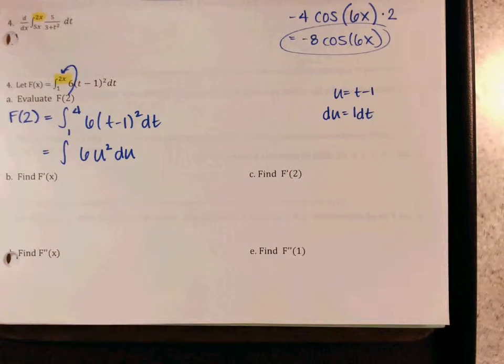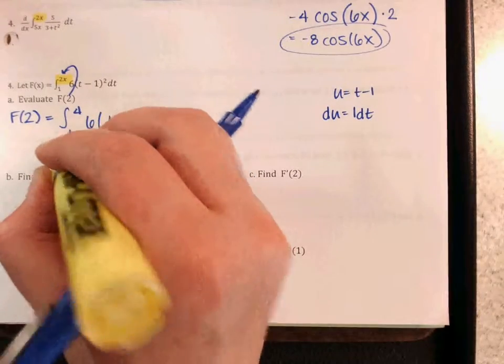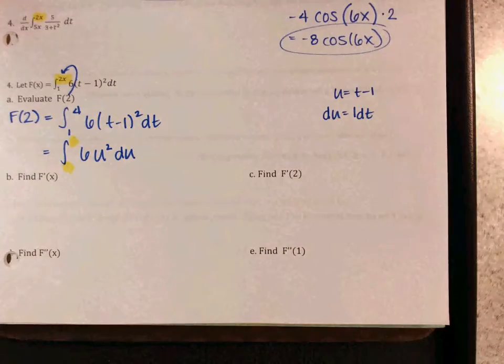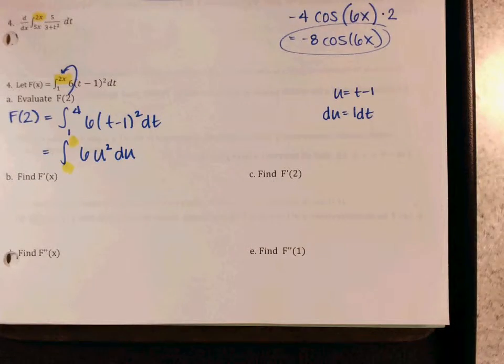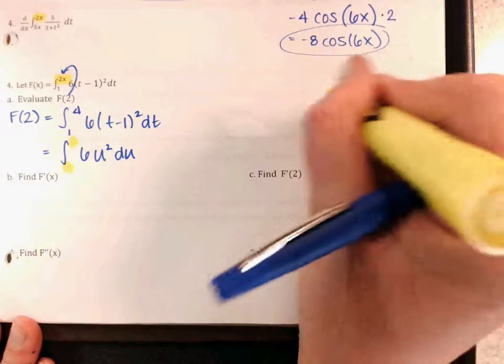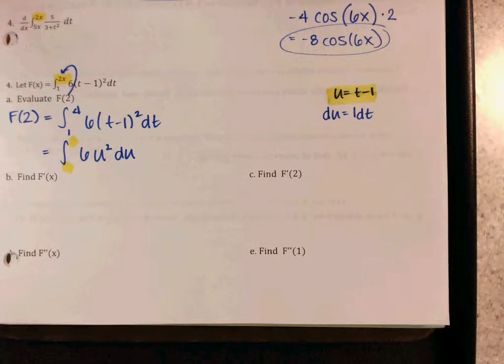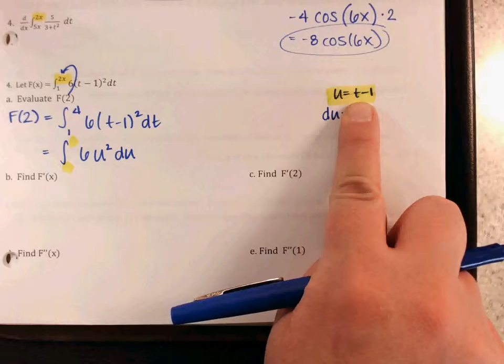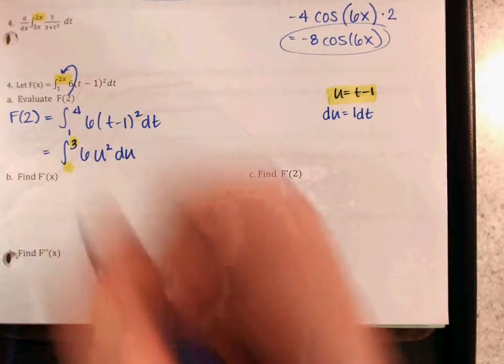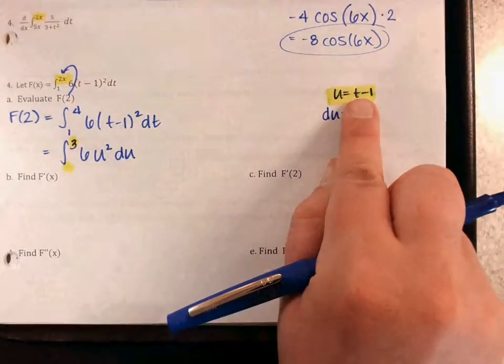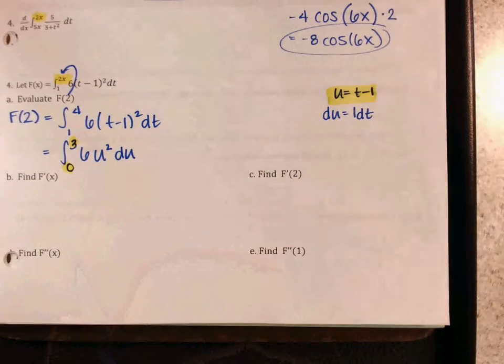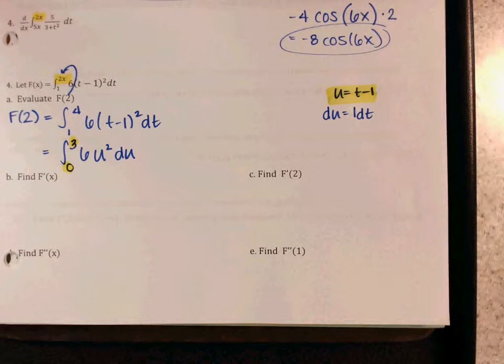And then what else do you have to remember to do on u sub? Yep, your endpoints have to change. So remember, the way that you get the new endpoints is you plug the old endpoints into what your u is. So if I used to have a 4 on top, what's 4 minus 1 now? 3. And then I used to have a 1 on bottom, well then 1 minus 1 is 0. What's the antiderivative of 6u squared?